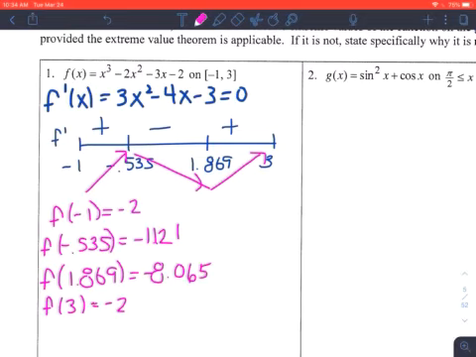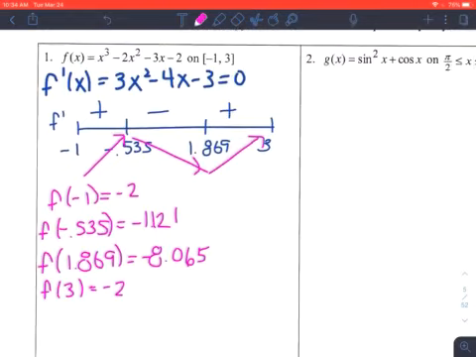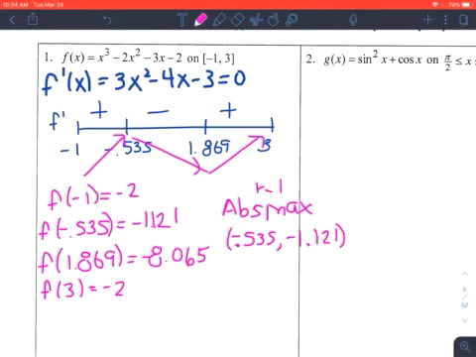Okay, so once we have that, this helps us see what's going on if we have a relative or an absolute. So we have an absolute max happening at negative 0.535 and negative 1.121. And it is also relative, if you want to know.